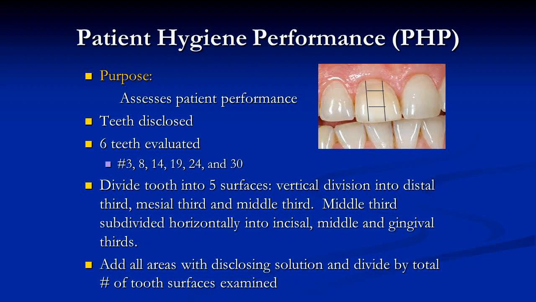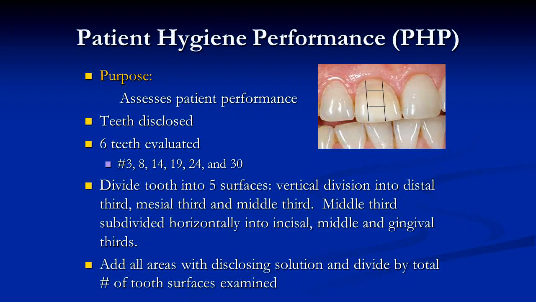the OHIS, and know that 19 and 30 are lingual surfaces and all the other surfaces are facial. So you're going to evaluate those, but you're also going to divide those 6 teeth into 5 different surfaces. It almost looks like a ladder in the middle of the tooth.